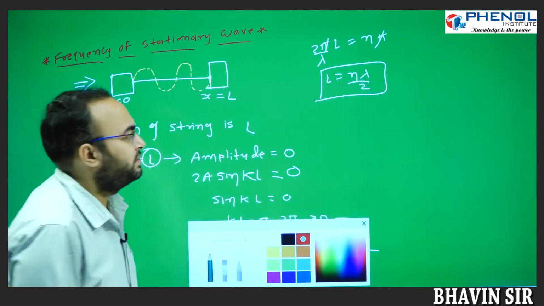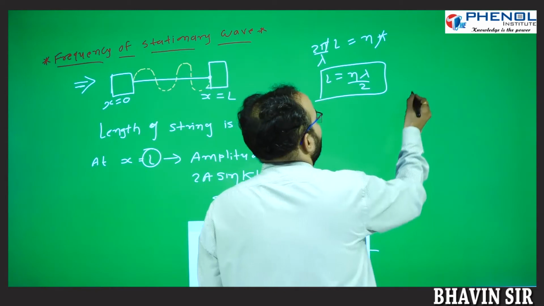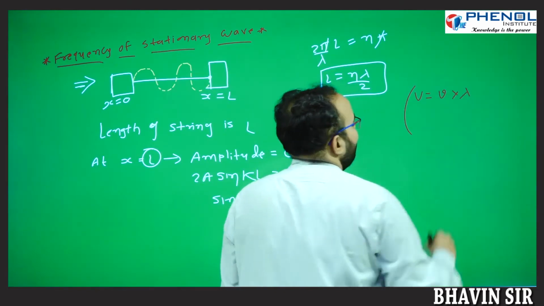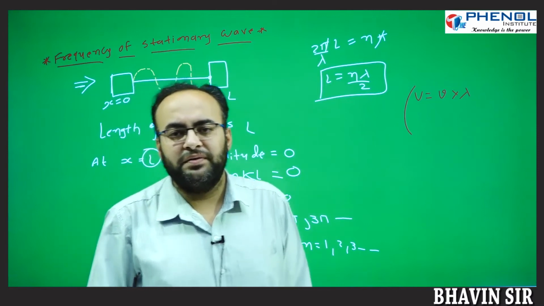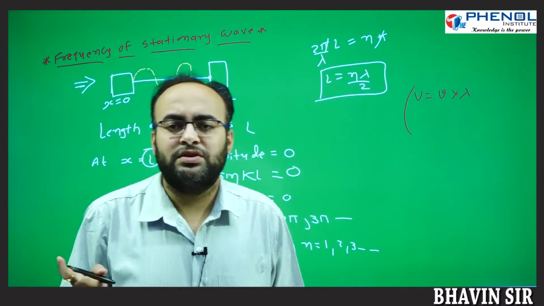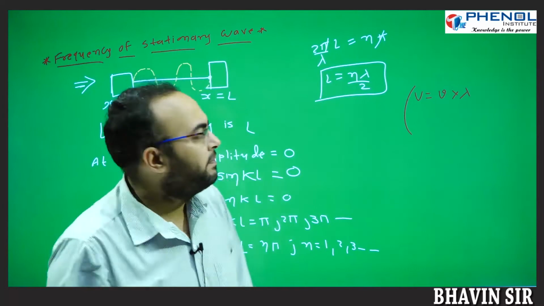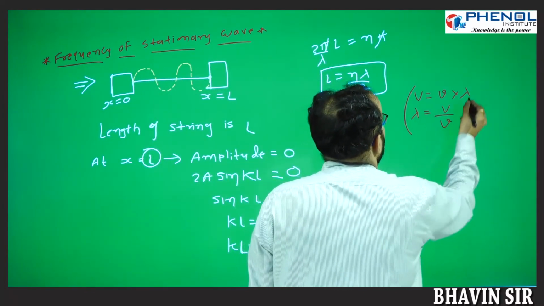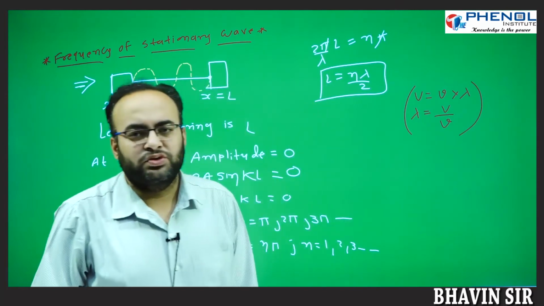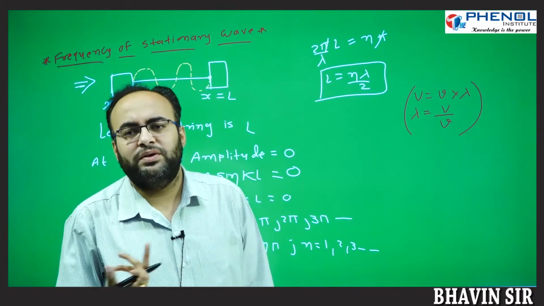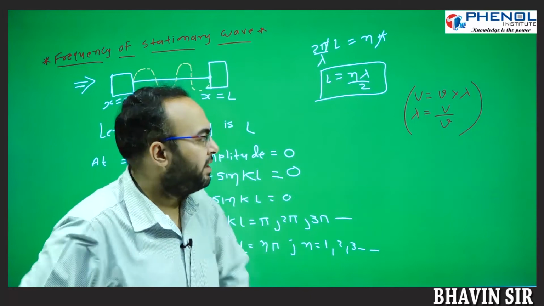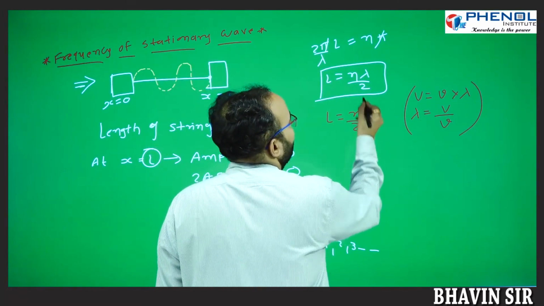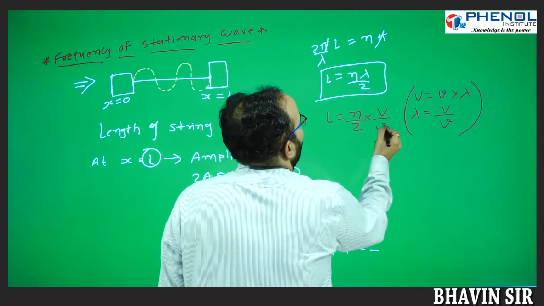So students, how to get the frequency? See, as we know, speed is equal to frequency into lambda. Speed of wave v is equal to frequency nu into lambda. So lambda is equal to v by nu. Students, to avoid confusion you can also write f. So L is equal to n by 2 times lambda, which is v by nu.